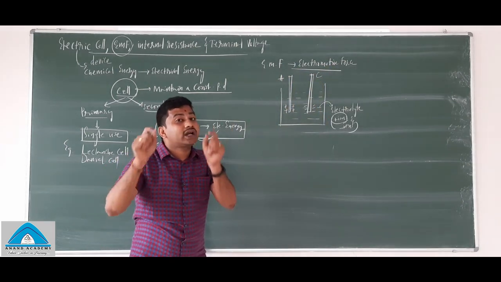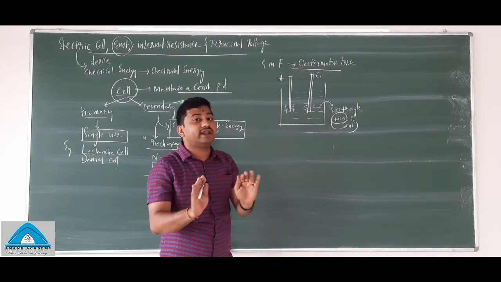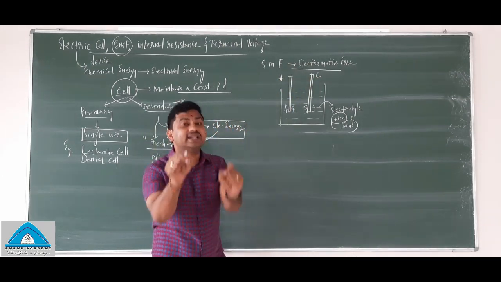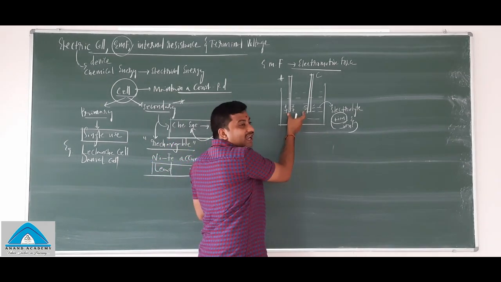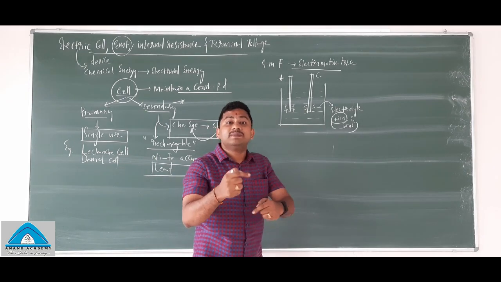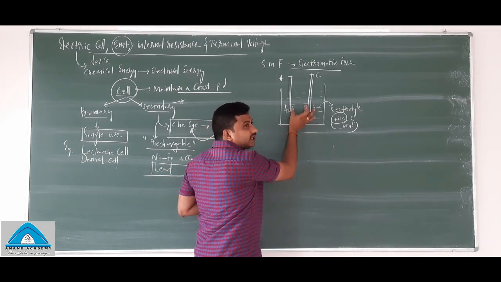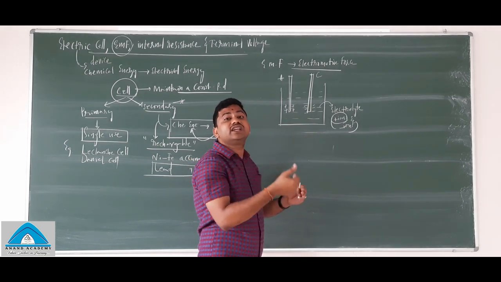There is no connection between anode and cathode externally. But internally there is a connection, because the electrolyte is a chemical solution through which electric charges can flow. So this is a conductor, right? The electrolyte is a conducting material.